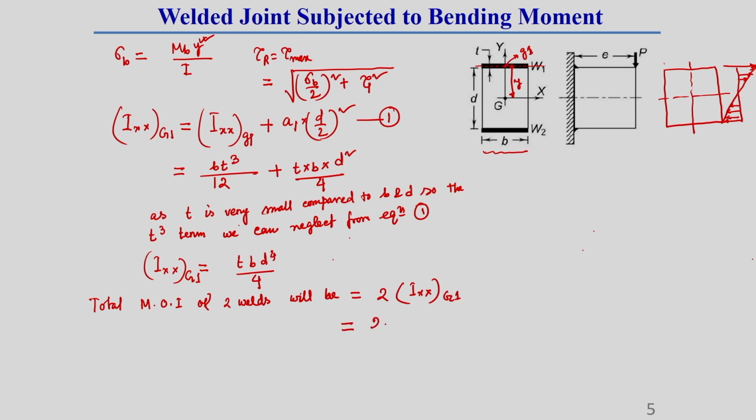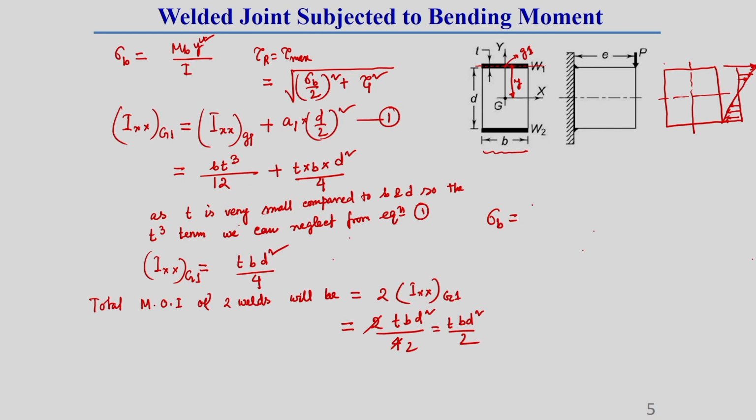So, we can write here 2 into T b d square, actually this should be d square, so b d square divided by 4. So, this we can say T into b d square by 2. Now, here you can see this sigma b, where we are neglecting this T q term.